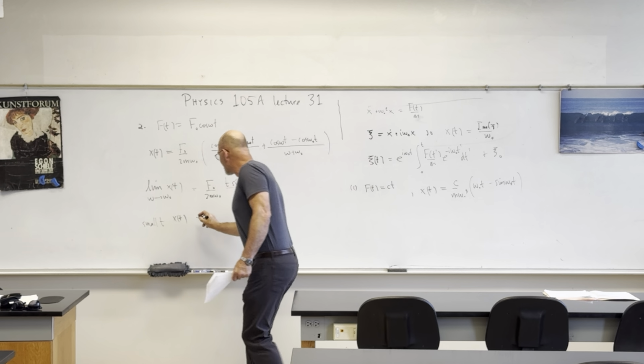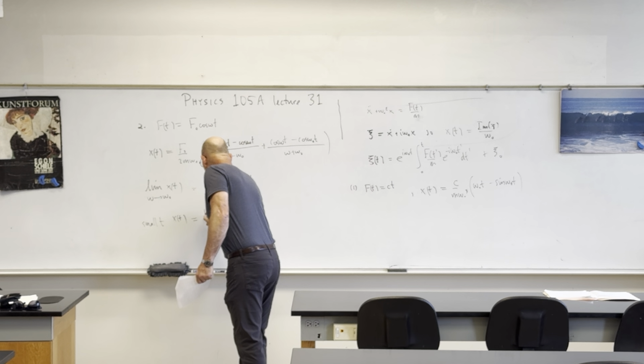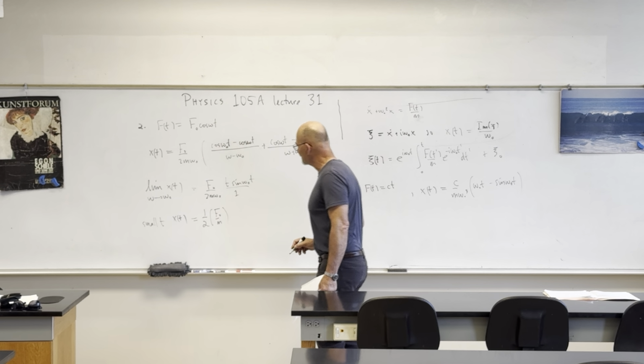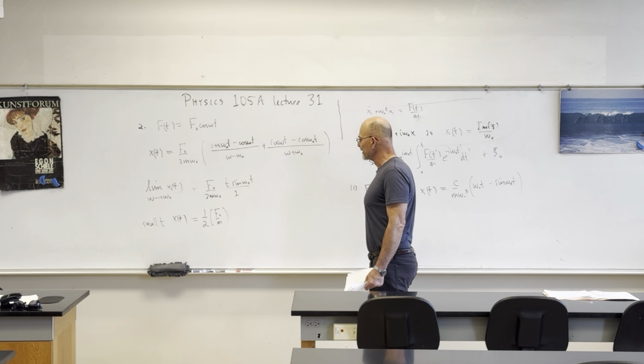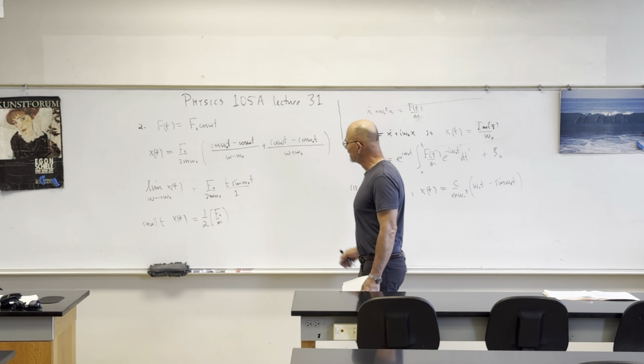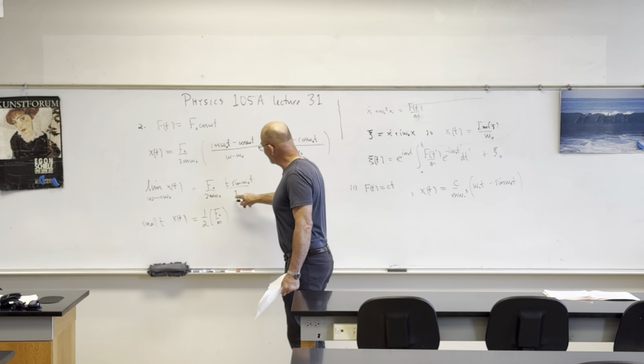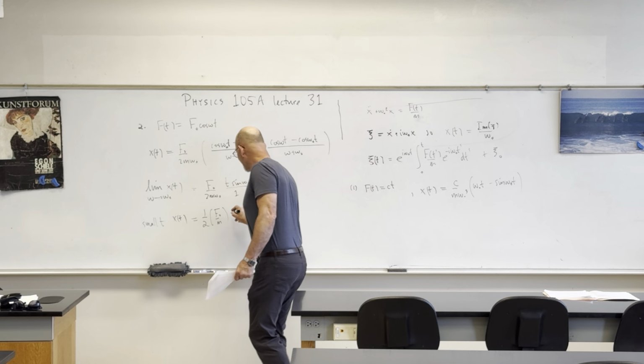So we end up with, I'll write it this way in a nice suggestive form, 1/2 F naught over m. And what do we have? Omega t cancels the omega, we get t squared.